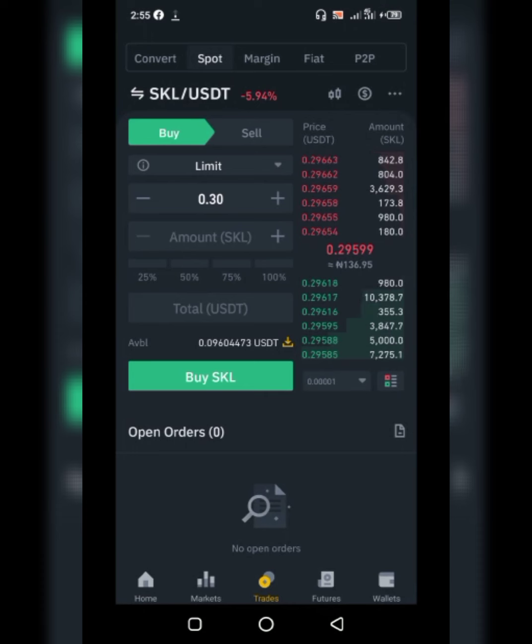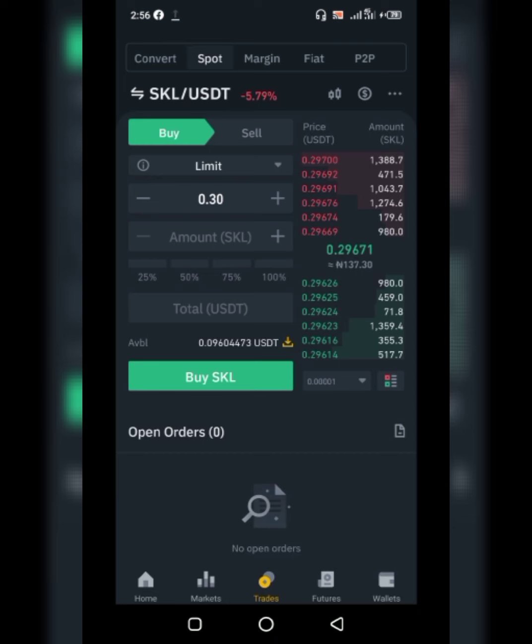Now we proceed again. We are still under the limit section. Since the signal we received indicated that we should trade it at $0.30, that is the set limit, our buy zone. We move to the next step. You set the limit right, then you see the 25%, 50%, 75%, and 100% here.